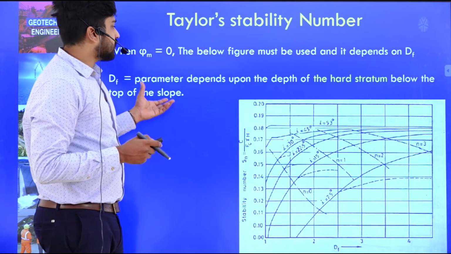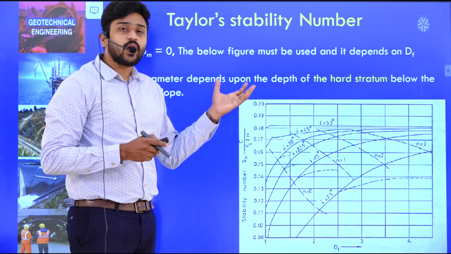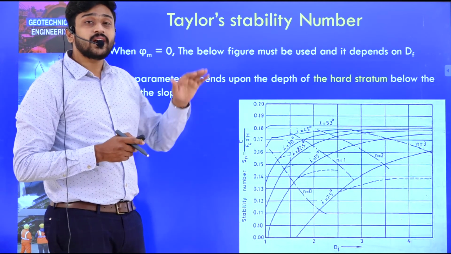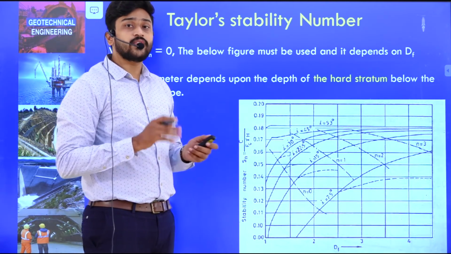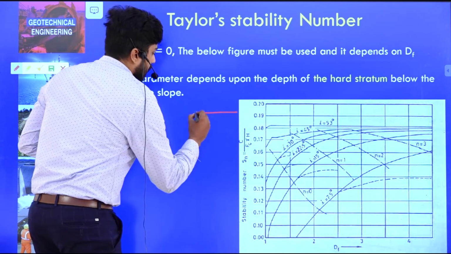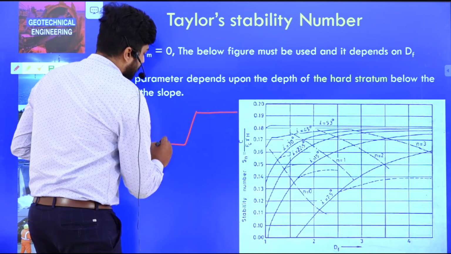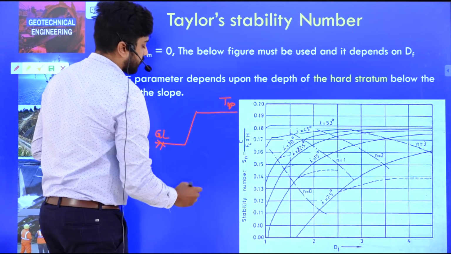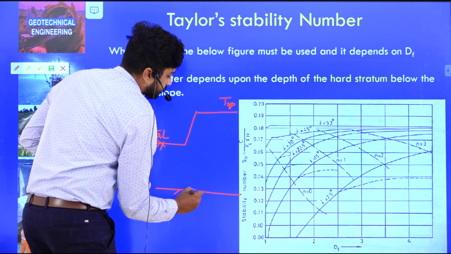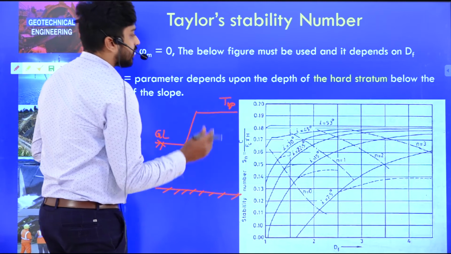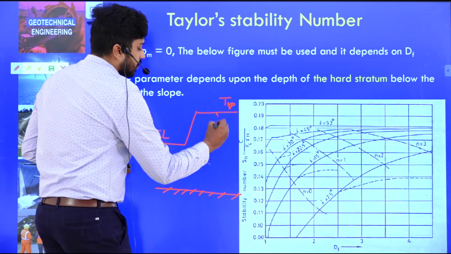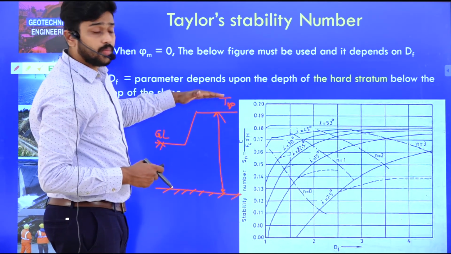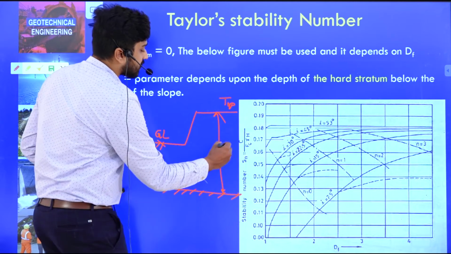As I have stated, it depends on the depth factor. So what is this depth factor? It is an entity which depends upon the depth of the hard stratum. If you consider an embankment in this manner, let us say this is the ground level and this is the top of the embankment. Let us say there is some hard stratum here at a certain depth. Below this toe, wherever the hard stratum is, that depth is required.